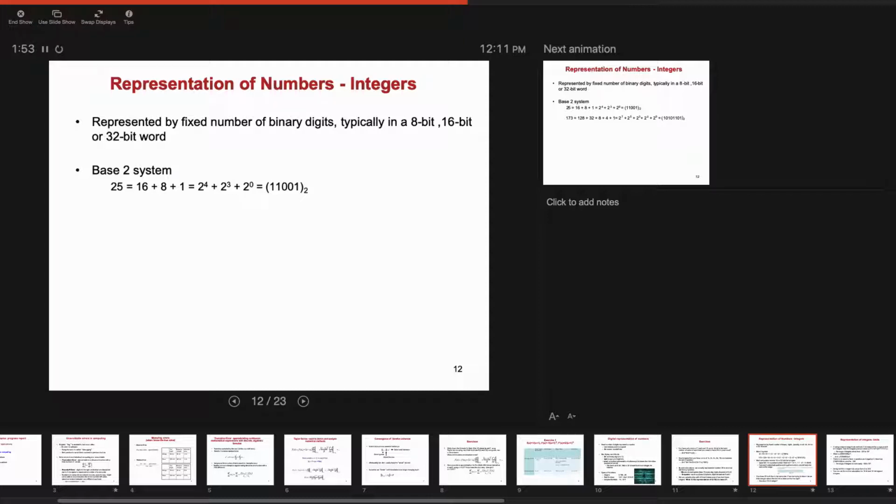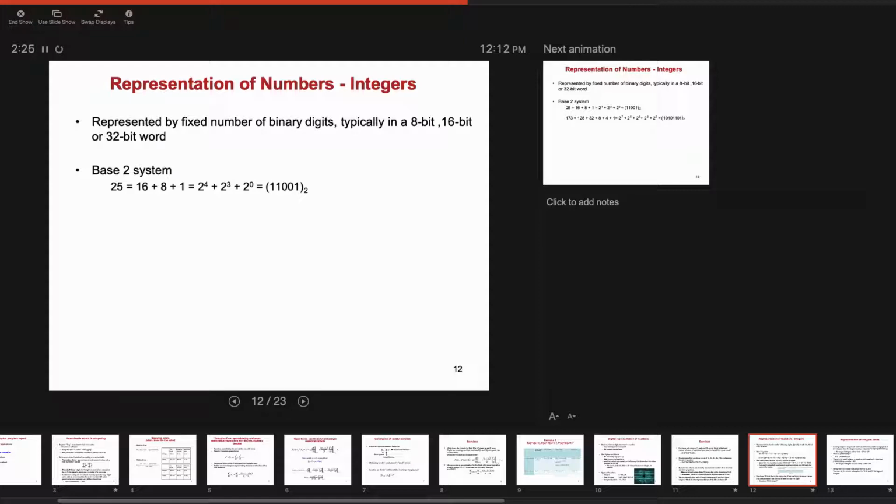So if I had 25, the largest power of 2 I can fit in there is 16, one of those. Then I really only have 0 and 1 in base 2. Then I can fit an 8 and then a 1. I do represent all of the missing powers in the range. I put a 0 in there, just like I would for the number 205, right?